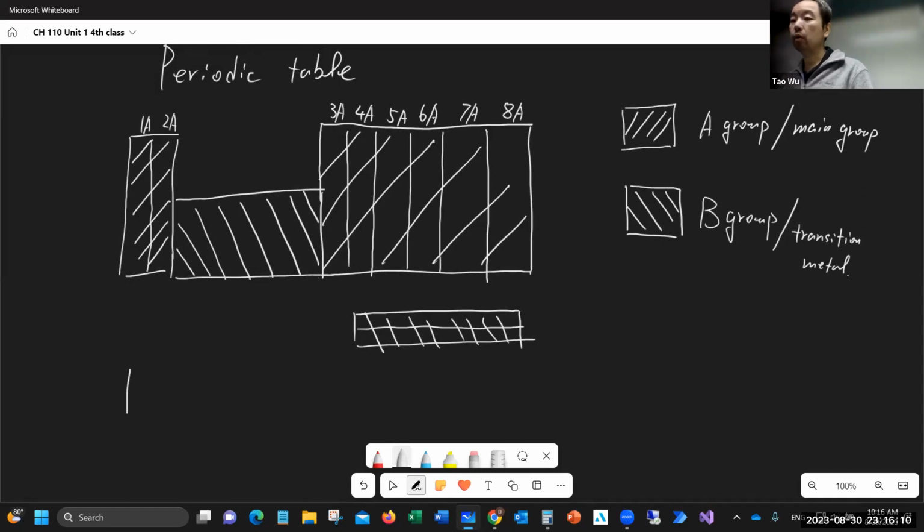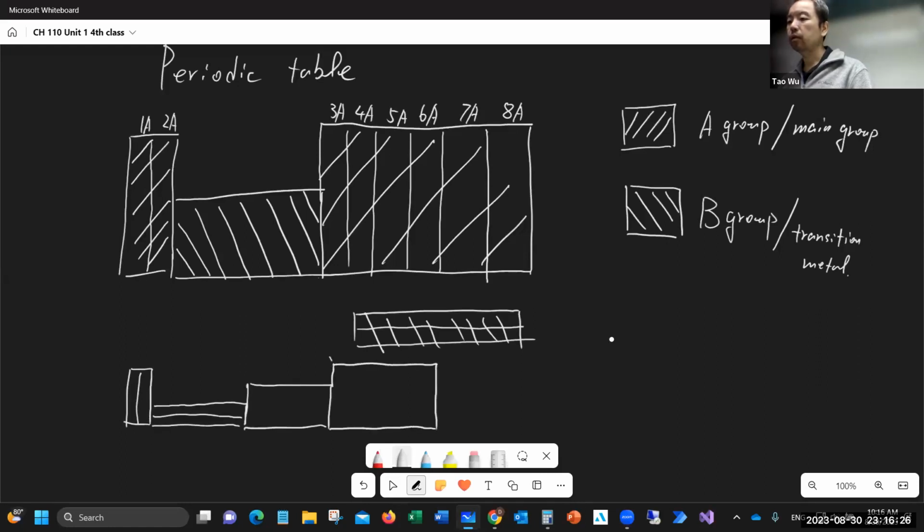The periodic table should be something like that. Again, those are A, and this is A, and this is B, which shows over here, and this is over here.